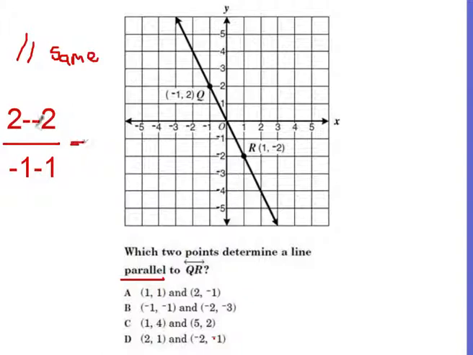So 2 minus negative 2 turns into 2 plus 2, so that's 4 over negative 1 minus 1, which is negative 2. And 4 divided by negative 2 is negative 2. So that's where you want to start. Then what I would need to do, and I'm not going to do this for the sake of time, is go through all of these other choices and see which other set of points has a slope of negative 2. That's the key. Parallel lines have the same slope.